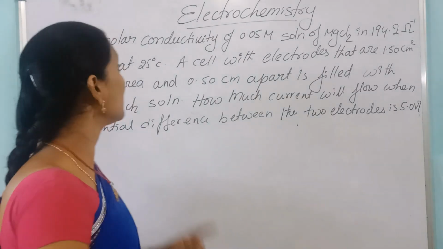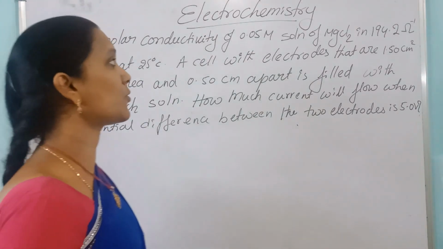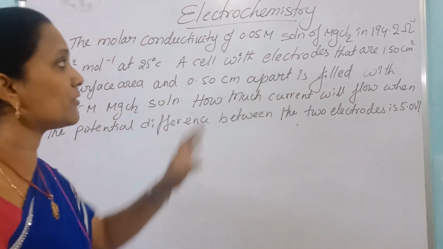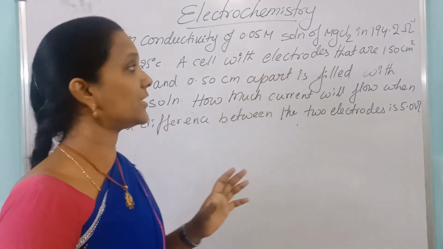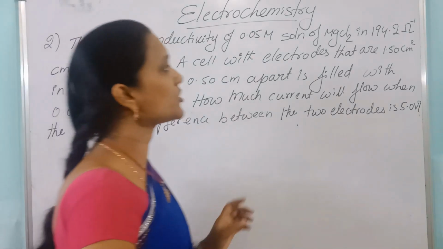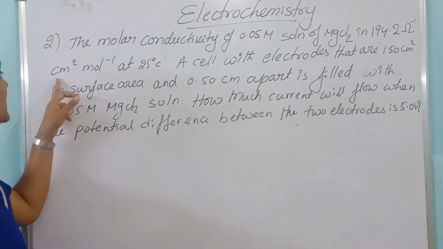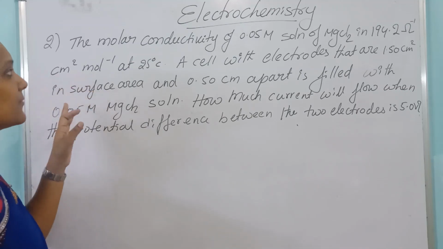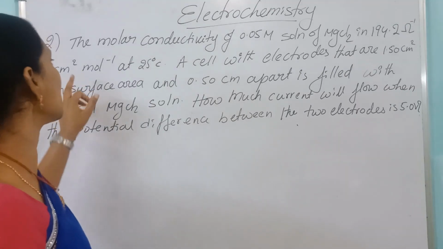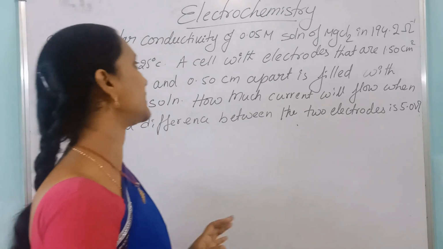Second problem. The molar conductivity of 0.05 M solution of MgCl2 is 194.2 ohm inverse centimeter square per mole at 25 degrees centigrade.